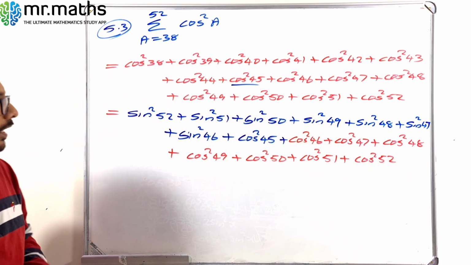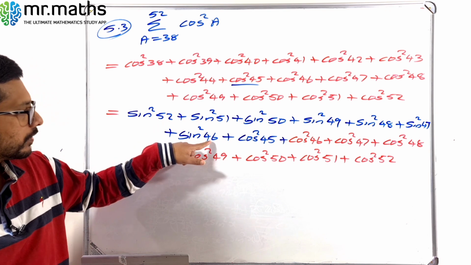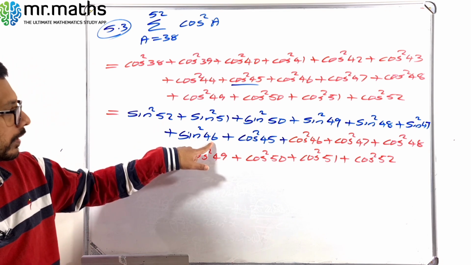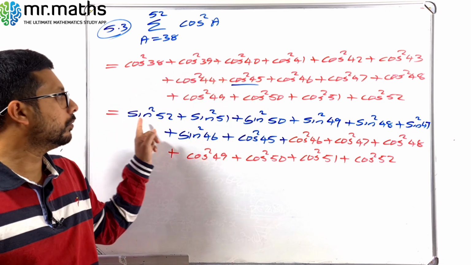Okay, so it means that up to this sine square, up to this 46, I converted that cos into sine.